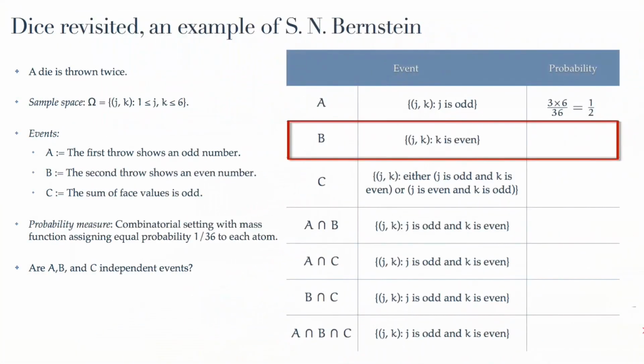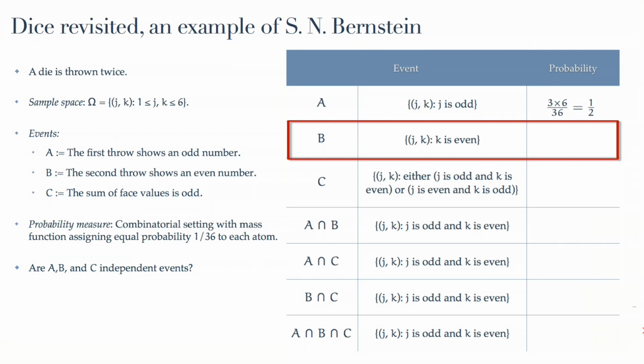Let's quickly run through B. The event B describes a setting where the second throw shows an even face, which means you're looking at all ordered pairs. Remember, events are subsets of the sample space. The sample space here is a space of pairs. Which ordered pairs tick the box for B? Well, you look at all ordered pairs J and K, where K is an even number, 2, 4, or 6.